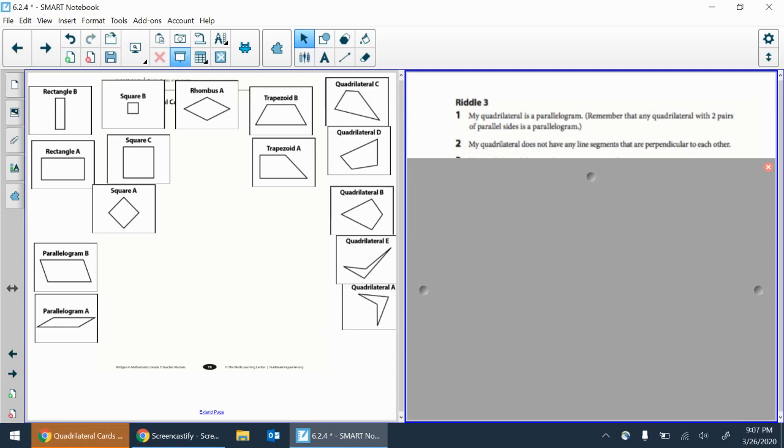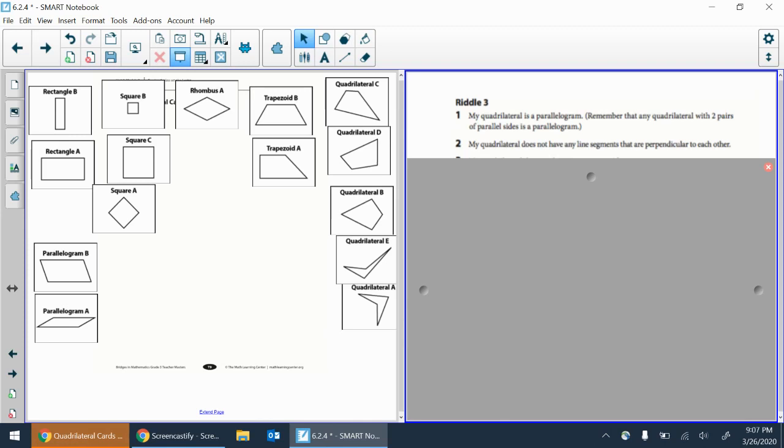Number 2, my quadrilateral does not have any line segments that are perpendicular to each other. Ooh, there's a lot of good vocabulary there. A line segment means that it ends at a corner on both sides of the line. So pretty much saying that it makes a vertex.